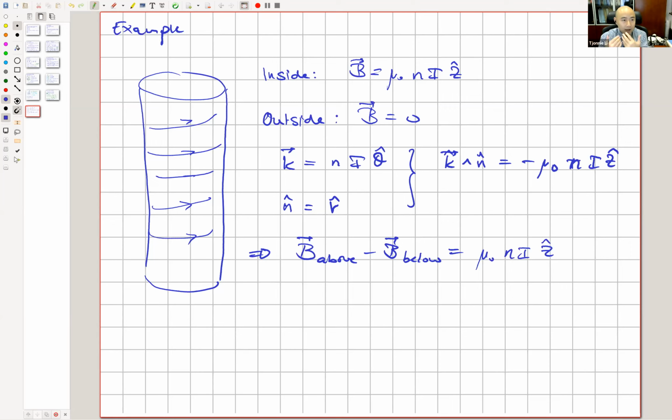Then I can deduce the boundary conditions at that particular surface. This will be the initial thing that we then need in order to consider what we call boundary value problems. By looking at the system and where the charges or the currents are distributed, we ought to be able to obtain the boundary conditions for the electric field and the magnetic field.